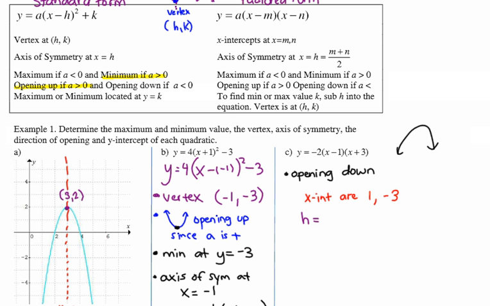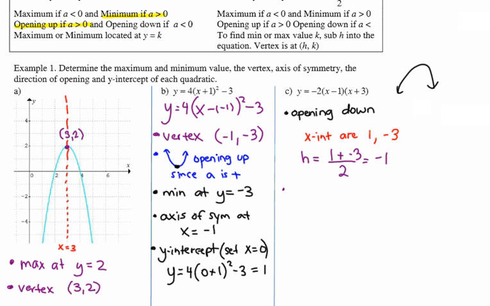Because they have to be symmetrical. Everything's symmetrical with each other. So 1 plus negative 3 divided by 2, what does that equal? Negative 2 over 2 is negative 1. So is negative 1 halfway between 1 and negative 3? Yeah, it is.